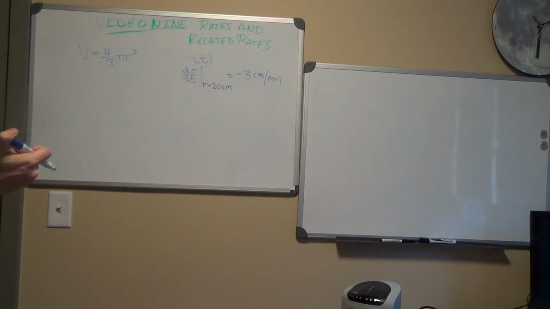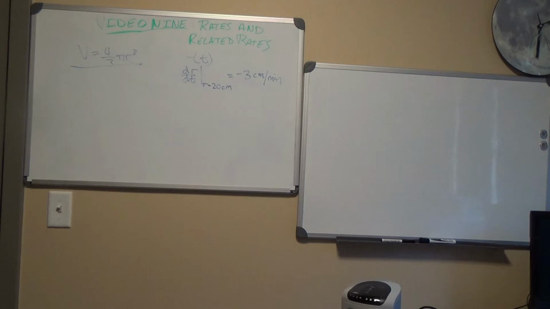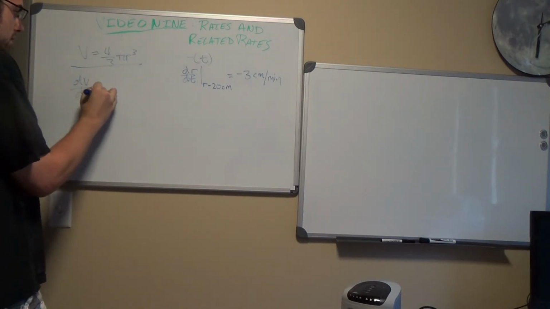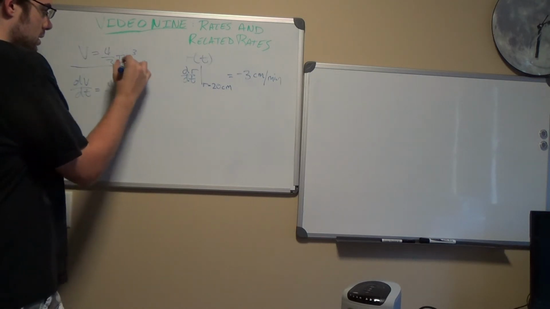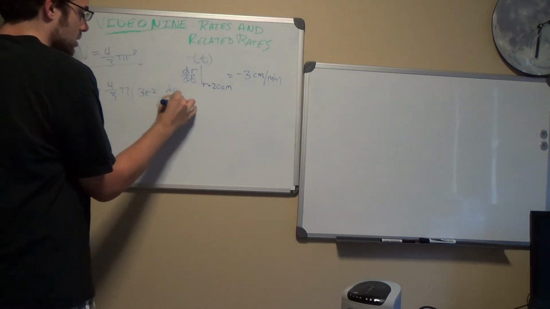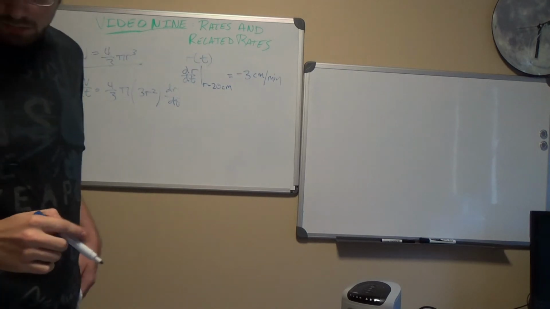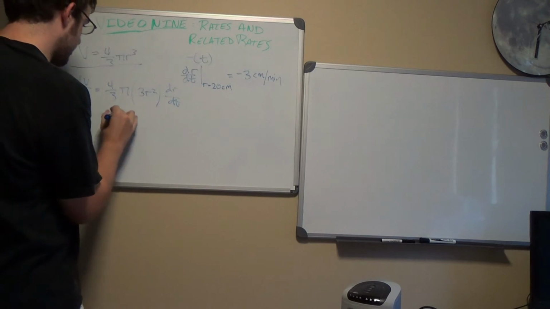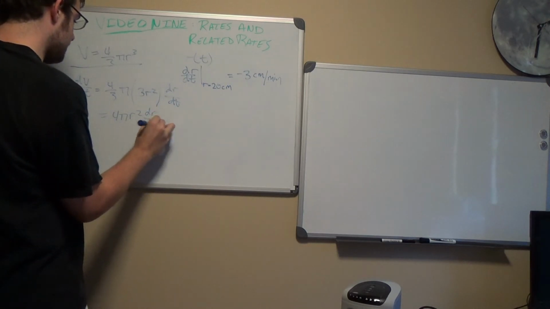So what we need to do is differentiate this again. So we have dV/dt equals 4/3 times pi times 3r squared times dr/dt, which is equal to 4 pi r squared dr/dt.